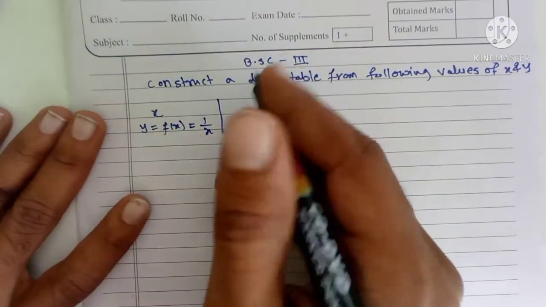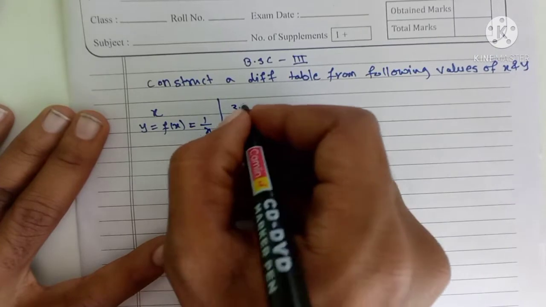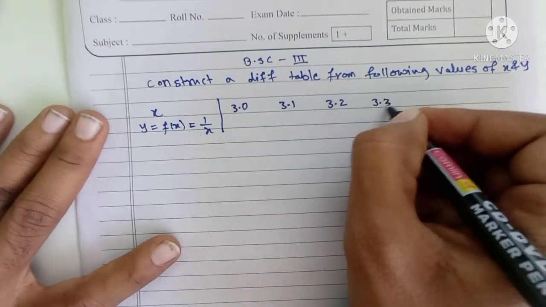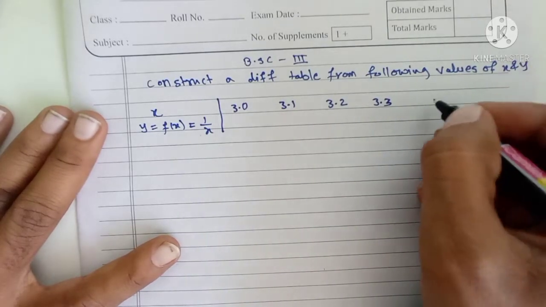Now the values of x are 3.0, 3.1, 3.2, 3.3 and 3.4.